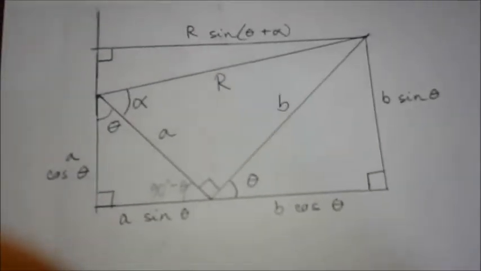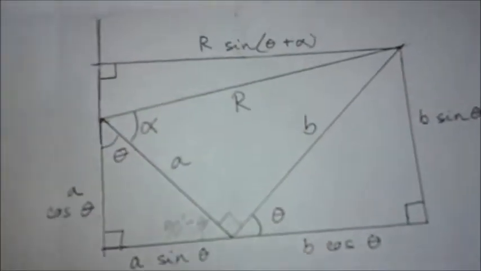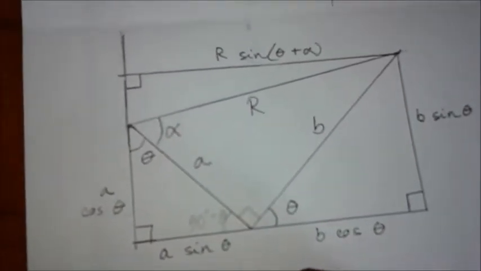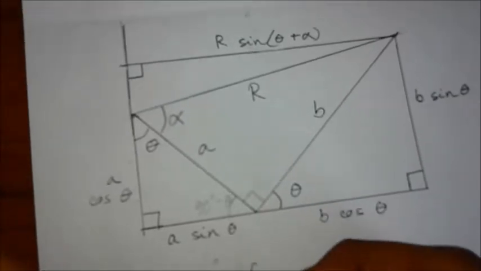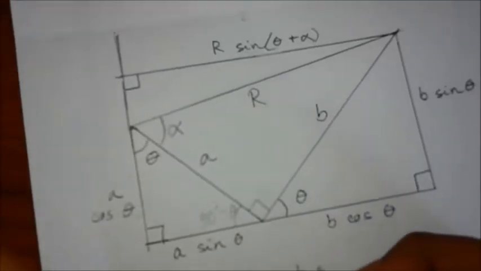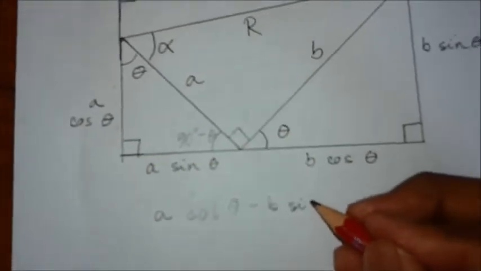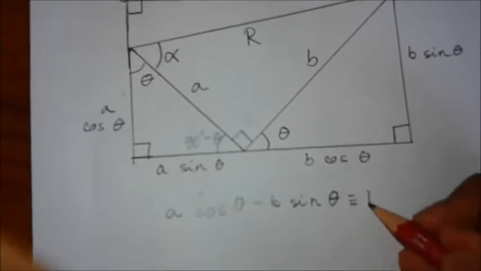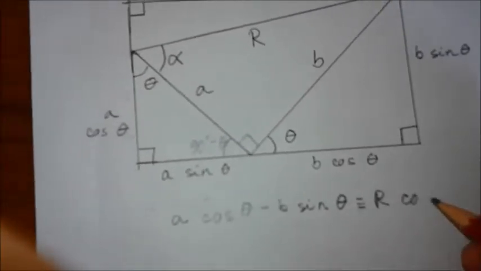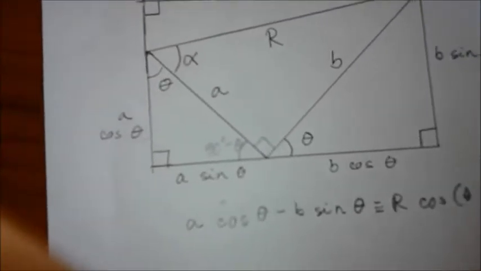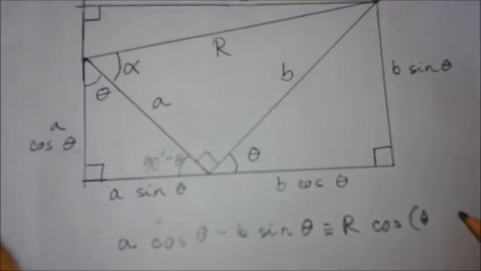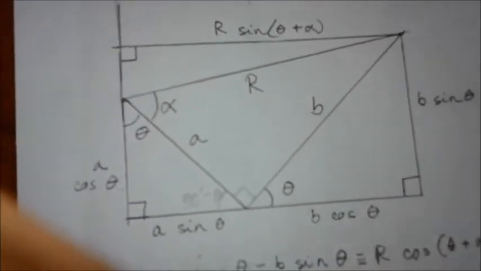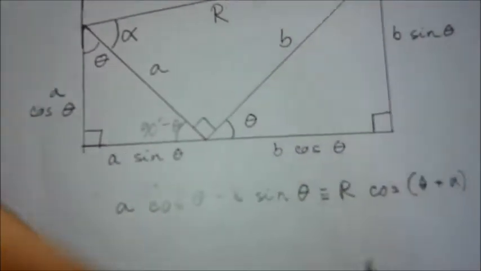So over here we know from our trigonometry class that a cos theta minus b sine of theta can be written as r cos theta plus alpha.